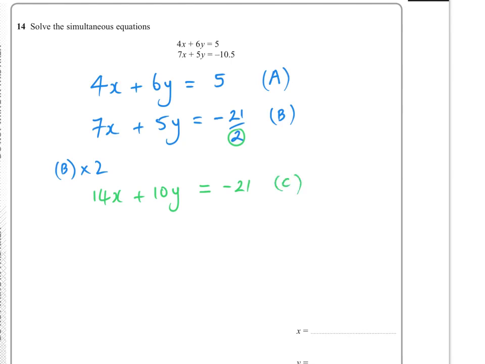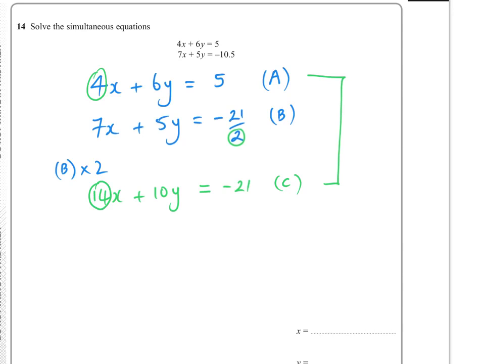So I'm going to look at A and C, and try to get rid of the coefficients of x, i.e. make the x values disappear by getting them the same and then taking the equations away from each other, or adding the negative of one of the equations. You've probably got your own ways of doing these anyway. So let's have a look. I'll look at the lowest common multiple of 4 and 14.